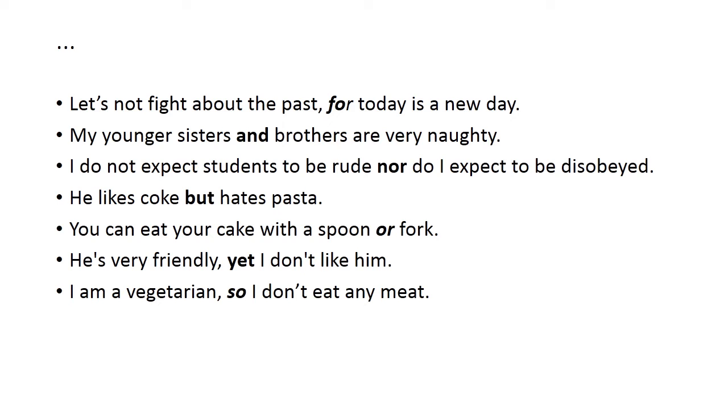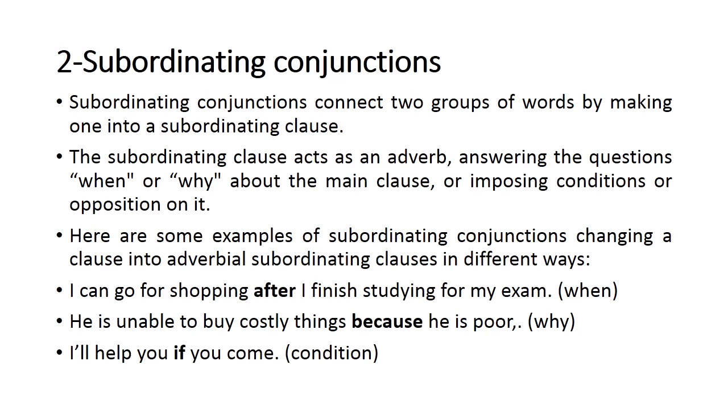He likes Coke but hates pasta. You can eat your cake with a spoon or fork. He is very friendly, yet I don't like him. I am a vegetarian, so I don't eat any meat. So in all these examples you can see that FANBOYS have been used, and FANBOYS are called coordinating conjunctions.